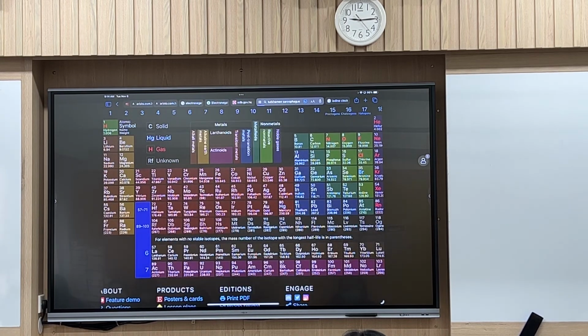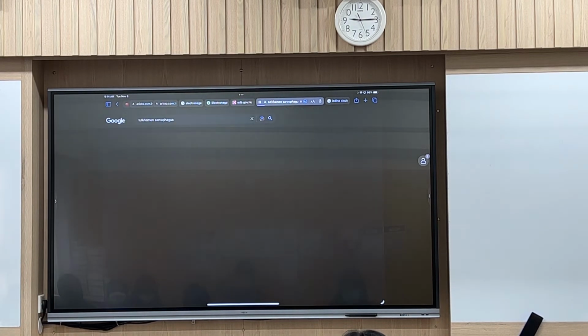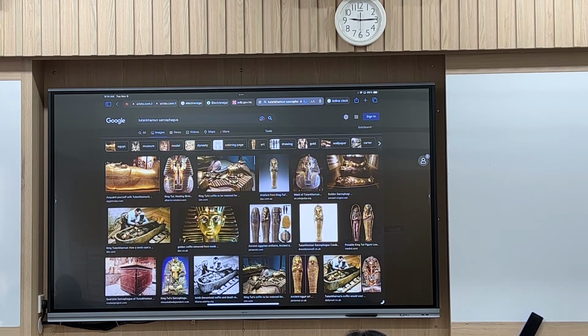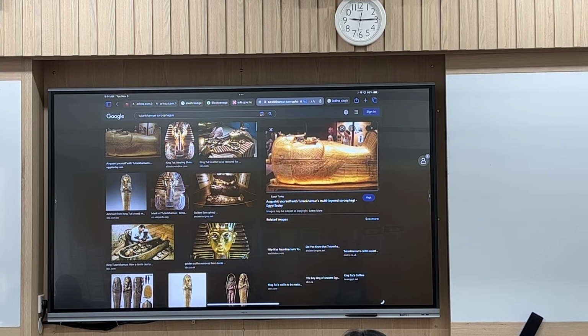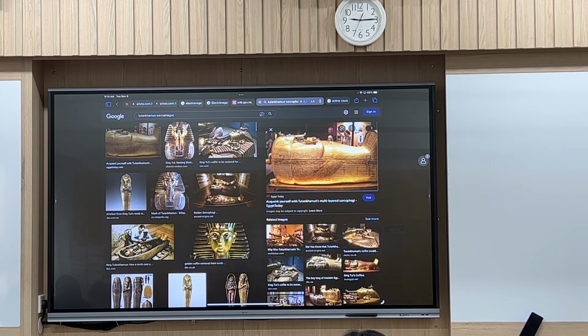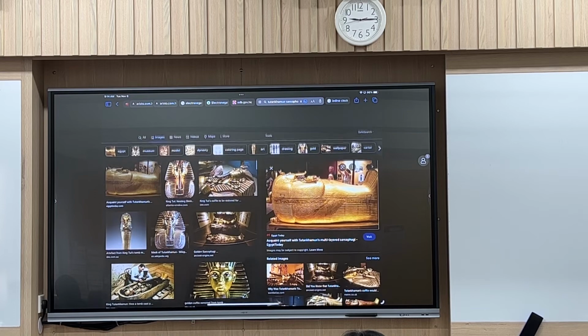I think I spelled his name wrong anyway. So this thing is known as the sarcophagus. It's basically a tomb in Egyptian terms. It's made of gold, pure gold. So when this is unearthed, it remains in mint condition.